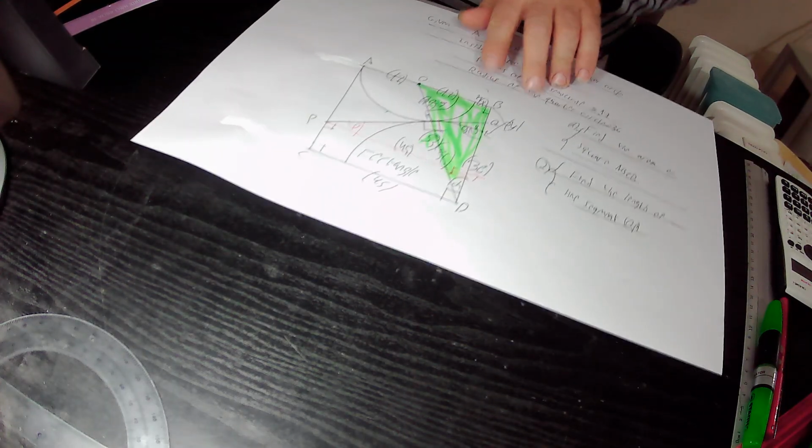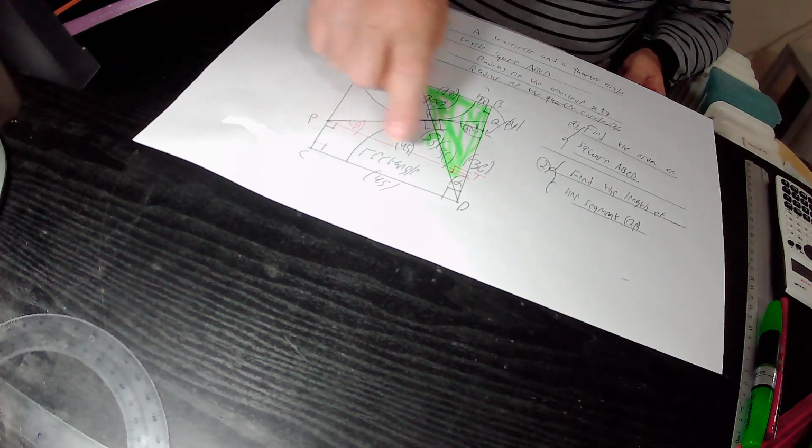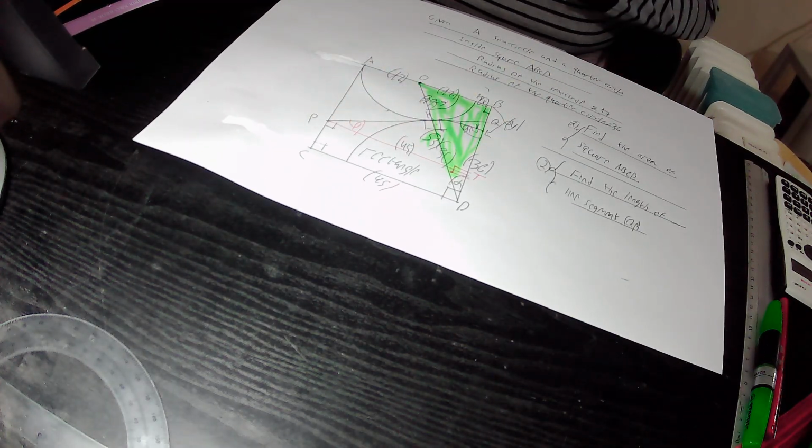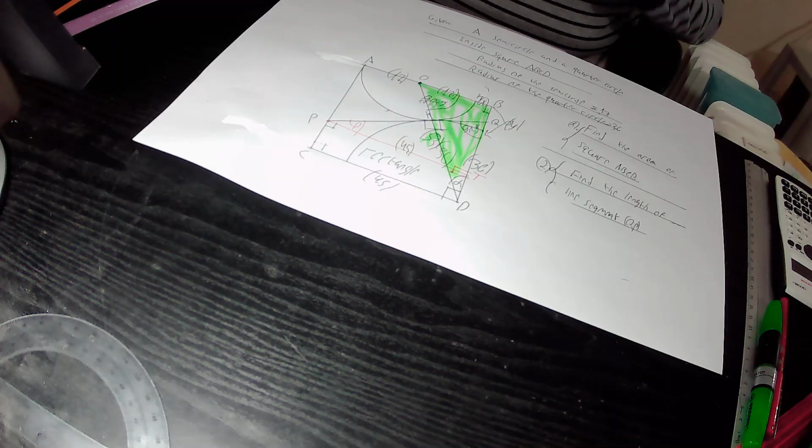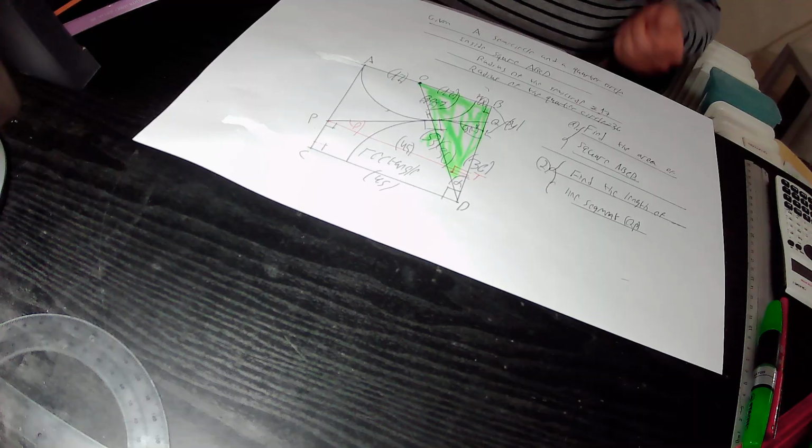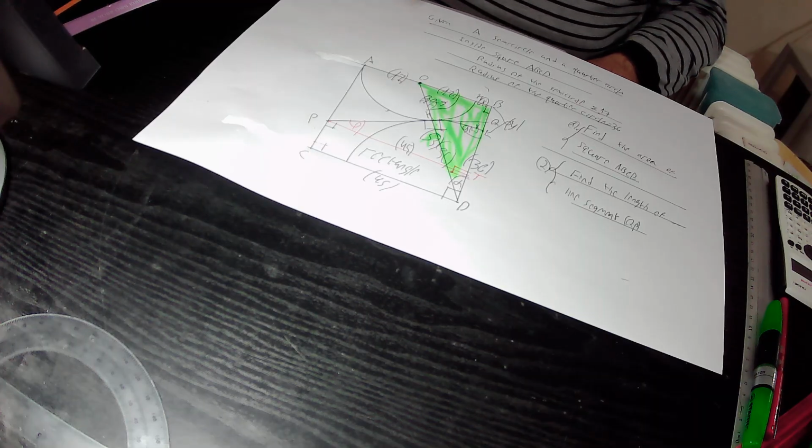So the first question is to find out the area of this square ABCD. You know that the area of any square equals the length of one side squared. Therefore, the area of square ABCD must be equal to the length of one side, that is AB squared.